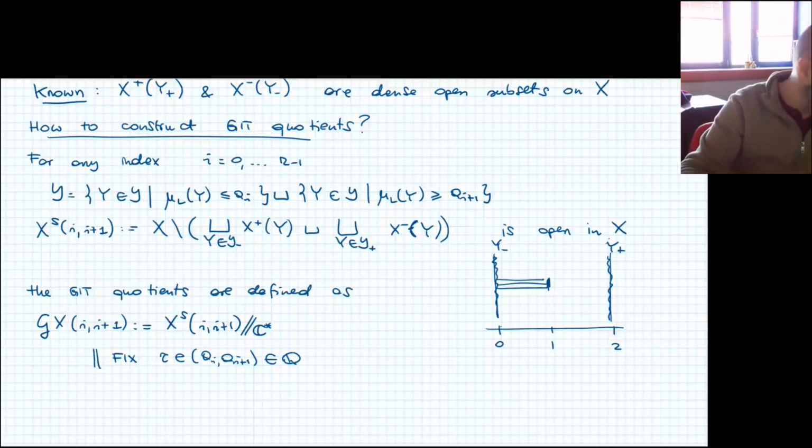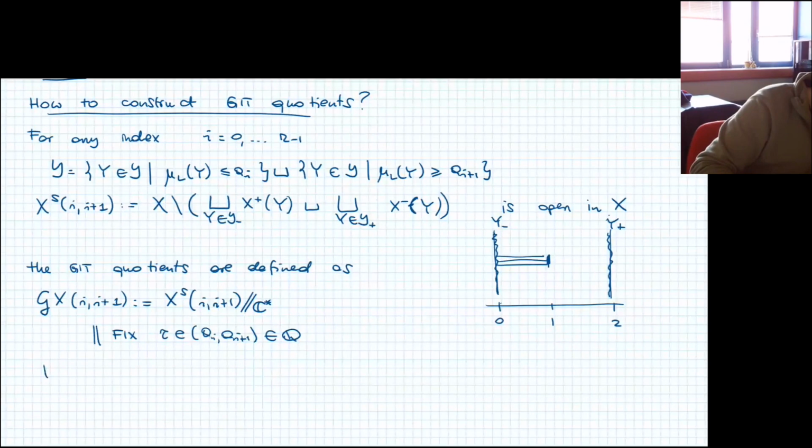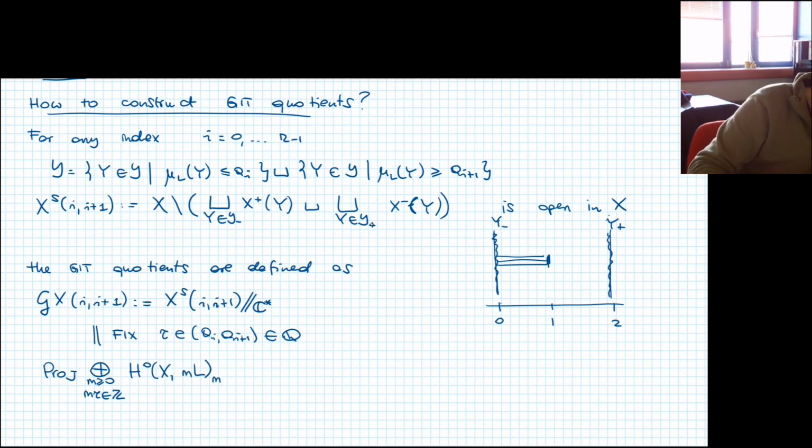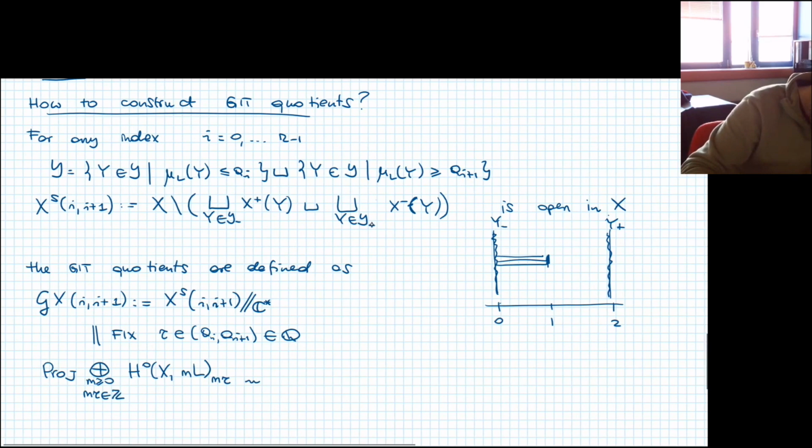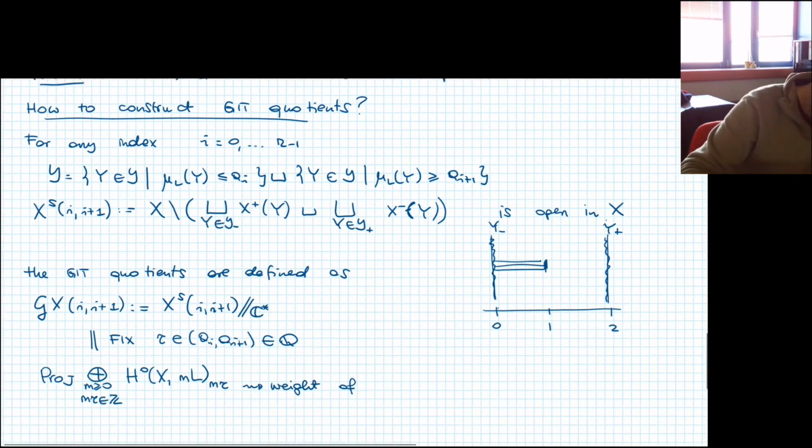So if you fix any rational there, you can rewrite this as a Proj, for m greater or equal than 0 and m tau in Z, of H0 of X, m L, of m tau, where this is the weight of the C star action.